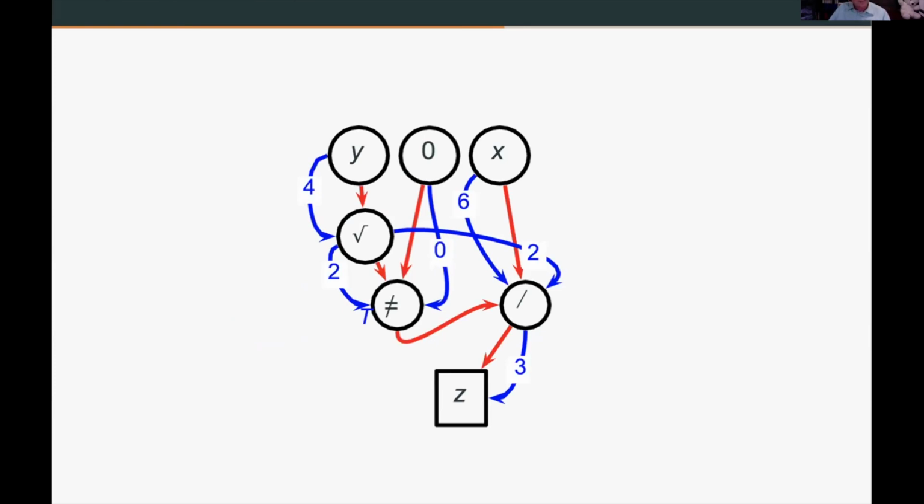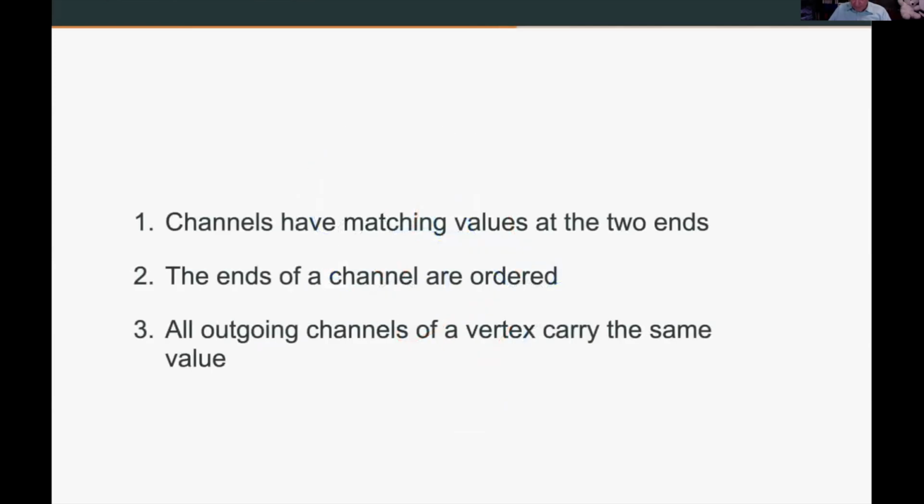The control has to be in that direction. The read has to be before the square root. In other words, a blue arrow can only go from something that is in the transitive closure of the red arrows. And if you have more than one channel coming out of the same vertex, they should all have the same value.